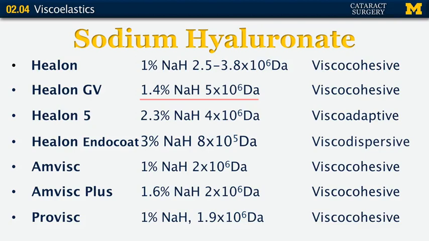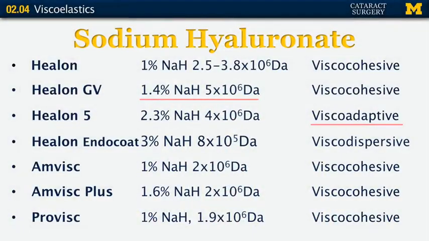They came up with Healon 5 because they wanted something that had all the best properties of Healon GV and yet was retained in the anterior chamber throughout the entire procedure at low flow rates, making it a cohesive, and then fractured and was easily removed from the anterior chamber at high flow rates so that it became dispersive.